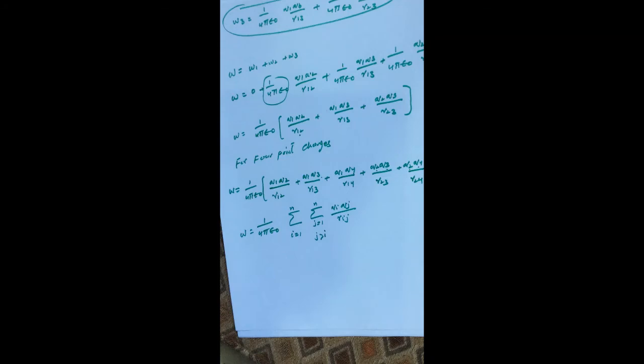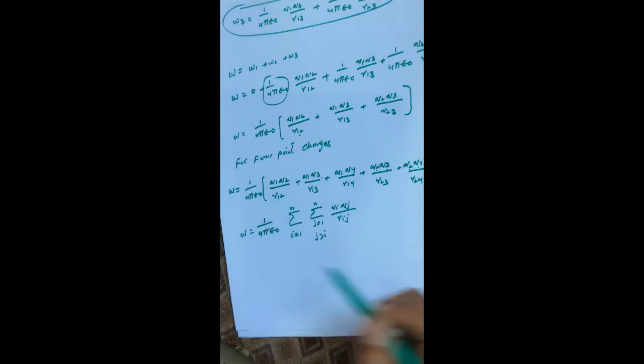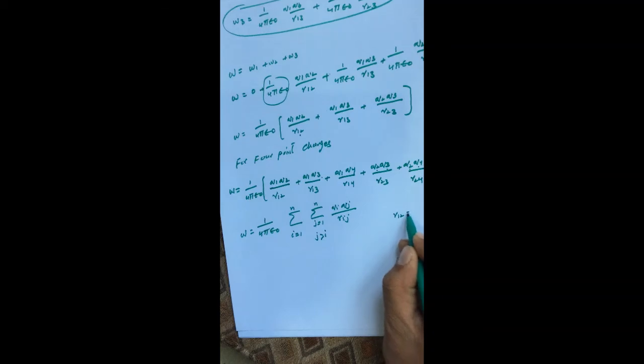Now this is the expression. Here, this condition j greater than i is just to remind you that the same term cannot be counted two times, because R12 is equal to R21. It is the distance, so if I measure it from 1 to 2, or from 2 to 1, it's the same.